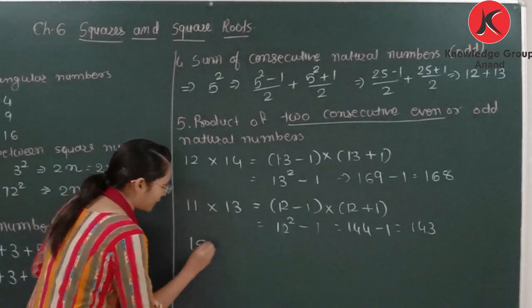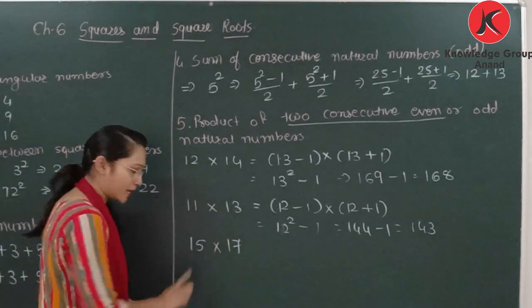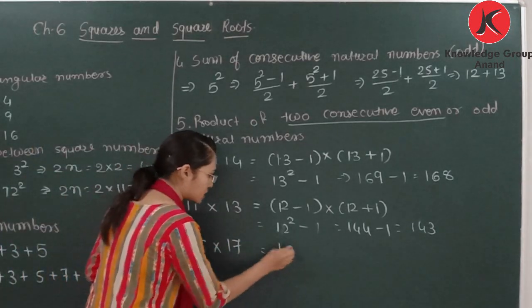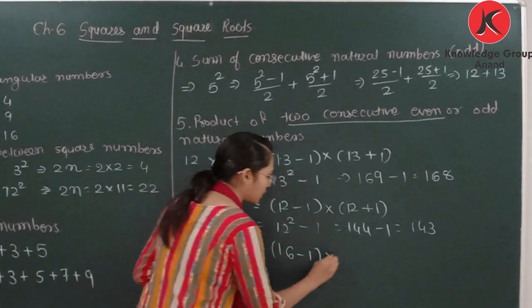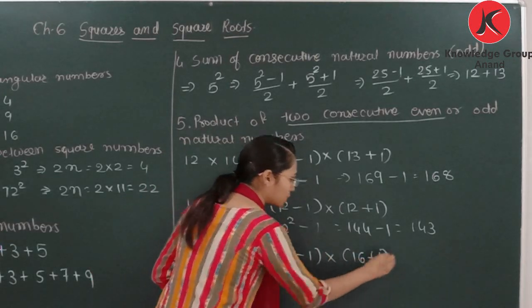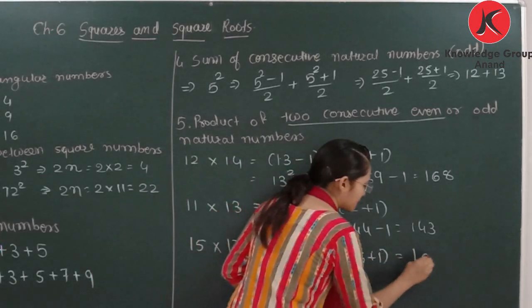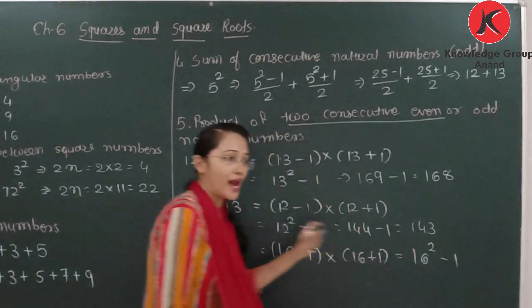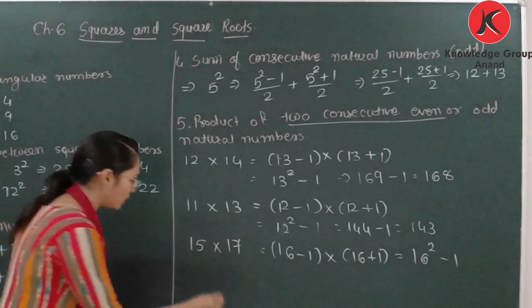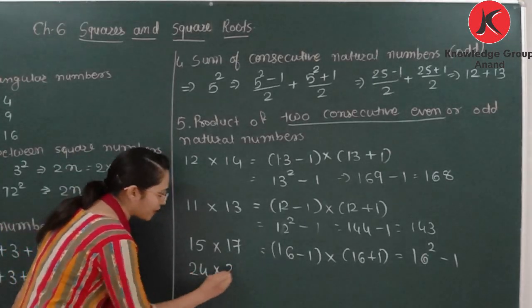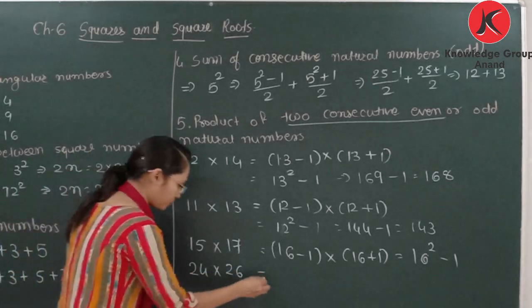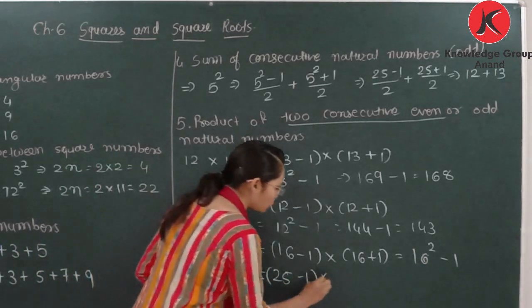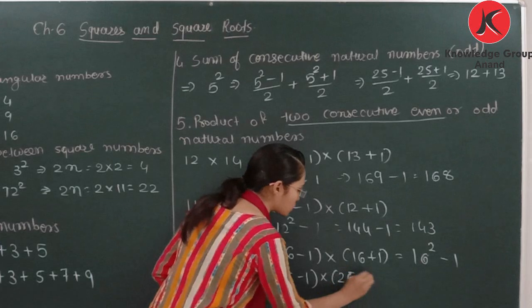If we have 15 multiplied by 17, then these are consecutive odd numbers. So we can write it as 16 minus 1 multiplied by 16 plus 1. So it can be written as 16 square minus 1. If you know 16 square, then the answer is easy. If it is 24 multiplied by 26, then you can write 24 as 25 minus 1 and 26 as 25 plus 1.